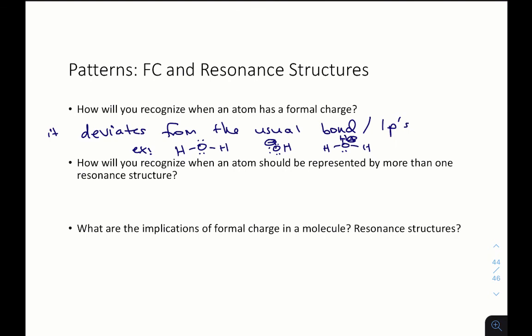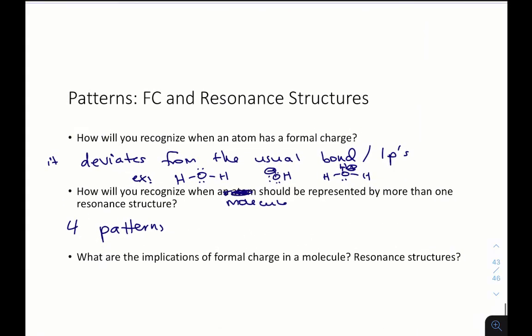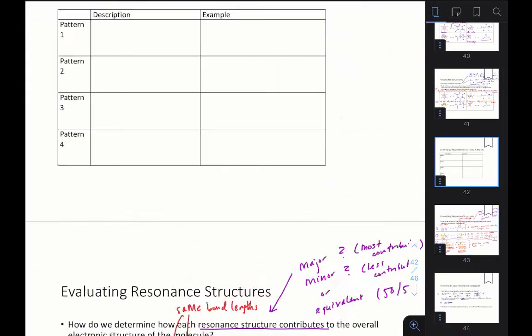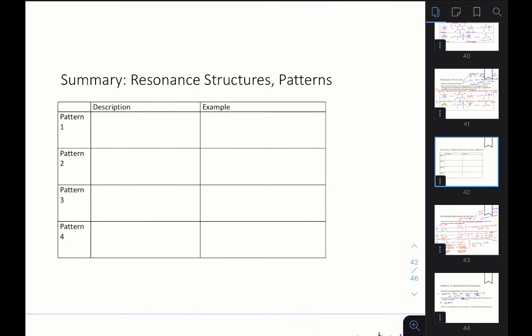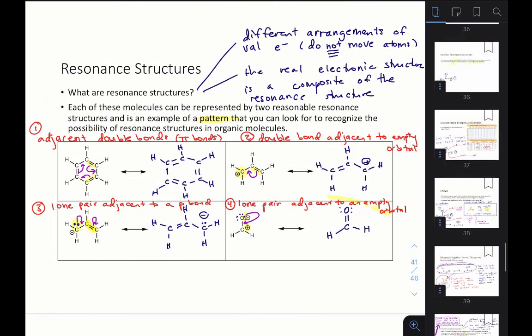and it has a formal charge in both of these molecules. All right, how will you recognize when an atom or molecule should be represented by more than one resonance structure? Well, those are the 4 patterns that we just discussed. So 2 really important tables today. We have this table, the patterns that you're going to fill in yourself from these examples.